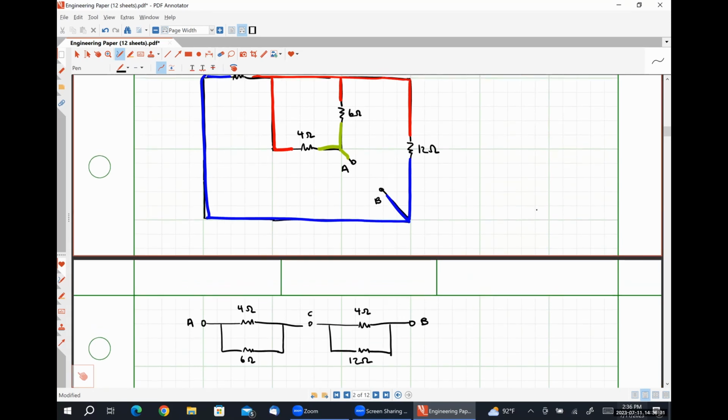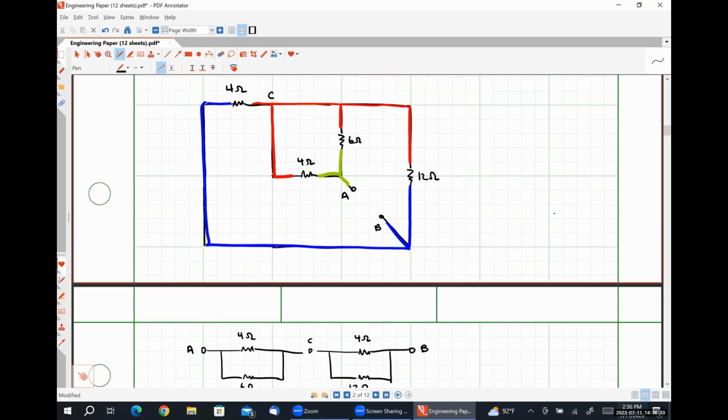So the equivalent resistance then is going to be 4 in parallel with 6, in series with 4 in parallel with 12.